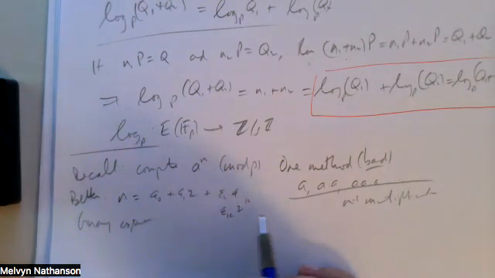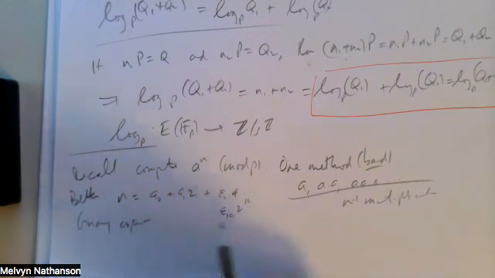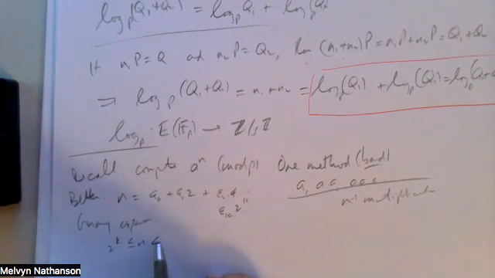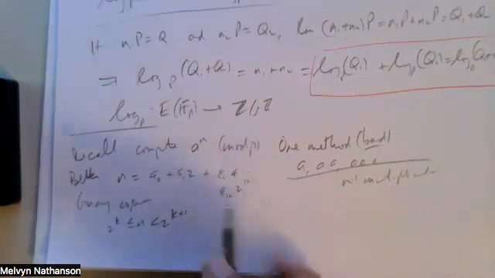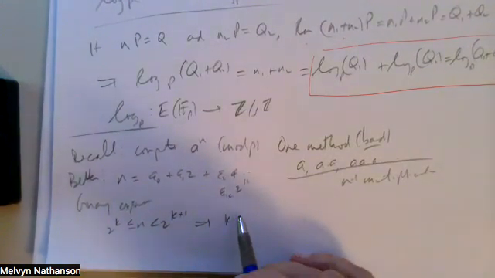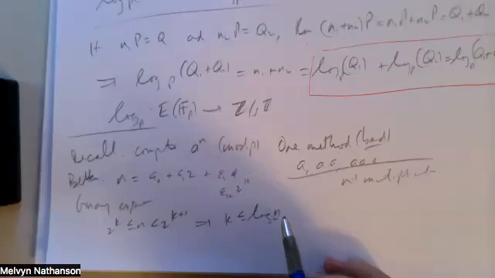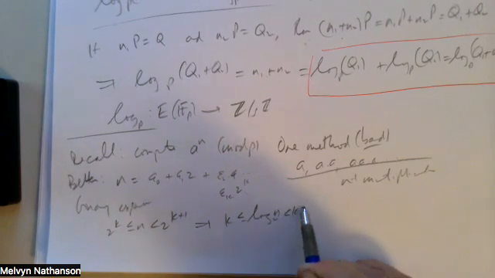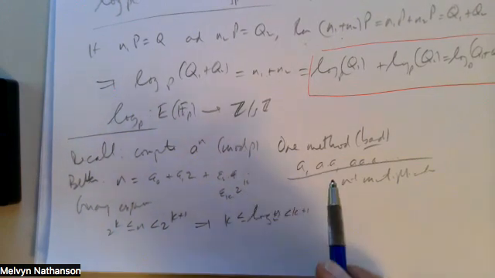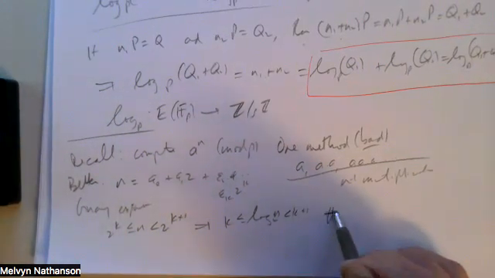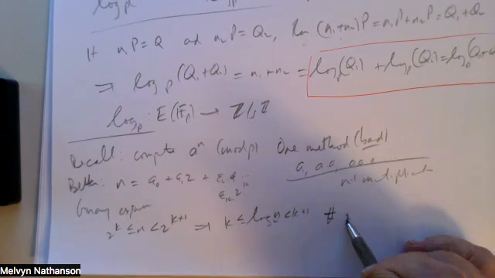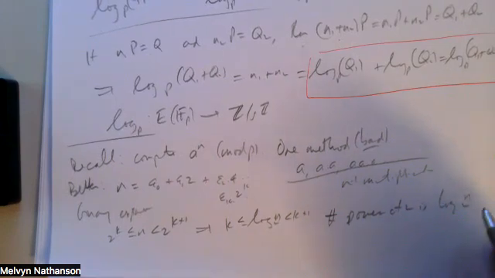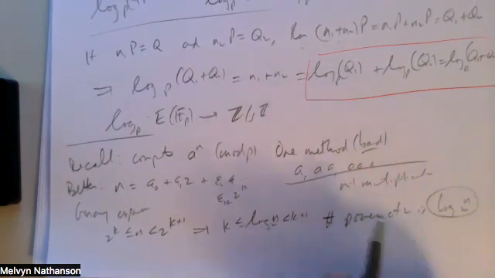So how far out do you have to go? How many powers of 2 will occur in the binary expansion? The largest power of 2 will be when 2 to the k is less than or equal to n, but strictly less than 2 to the k plus 1, which means k is less than log n to the base 2, which is less than k plus 1. So the number of powers of 2 is roughly log n to the base 2, which is much smaller than n.